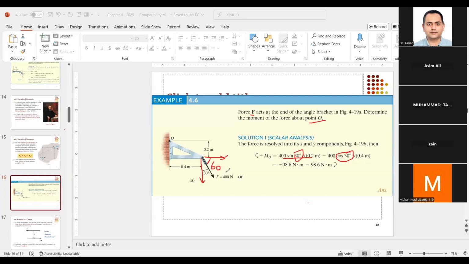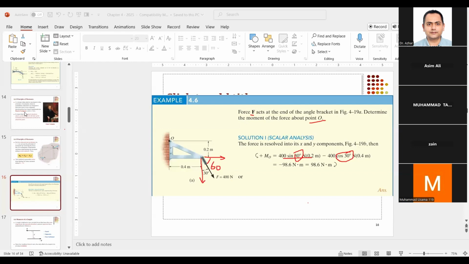It will become F cosine of 60 degrees, and the vertical component will become 400 into sine of 60 degrees. Okay, so let's see how we can find the moment.